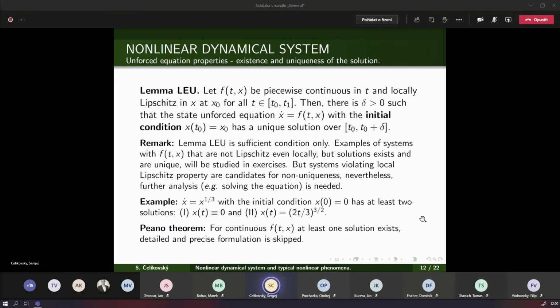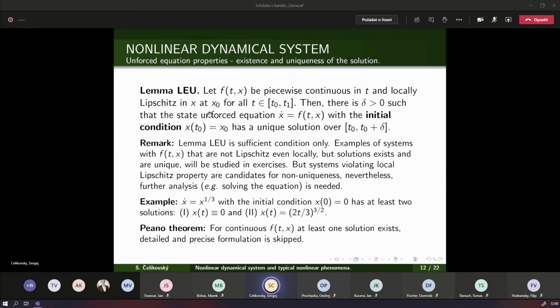Yeah, so just do it for yourself. Substitute here, take the cubic root, substitute here, take the derivative, and you will see that it is also a solution.